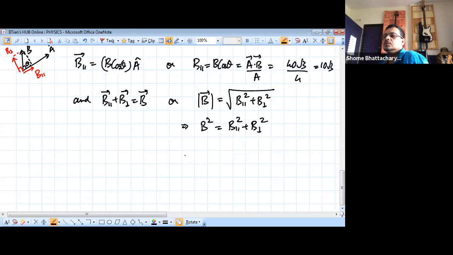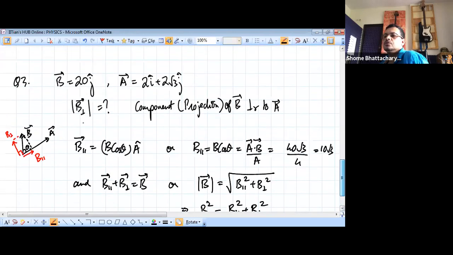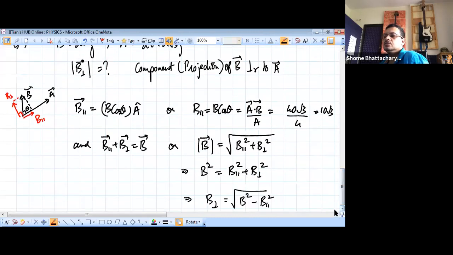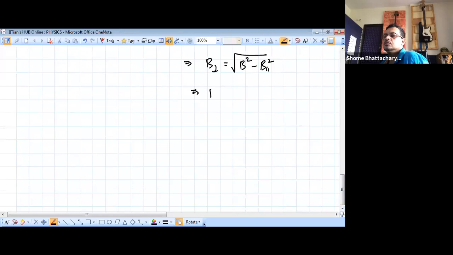In other words, B perpendicular's magnitude will become B's magnitude square minus B parallel's magnitude square. So from here you can see that B's magnitude is 20 and B parallel magnitude is 10 root 3. Just substitute these. So B perpendicular here will become 20 square minus 10 root 3 whole square. You can see that that will become 10.